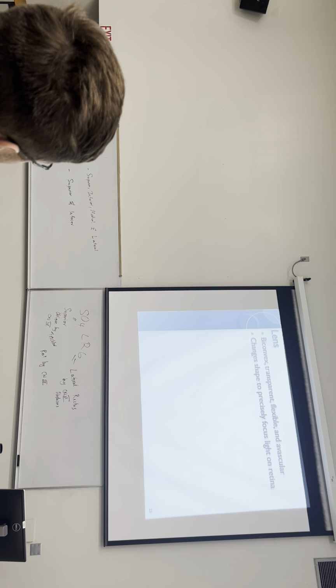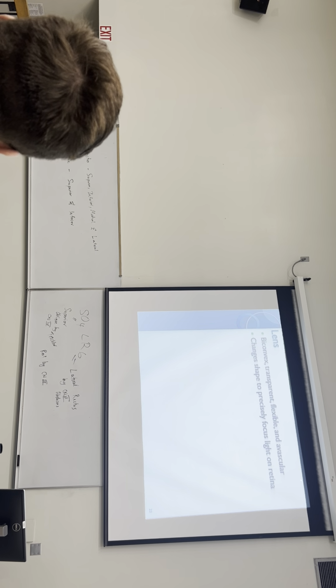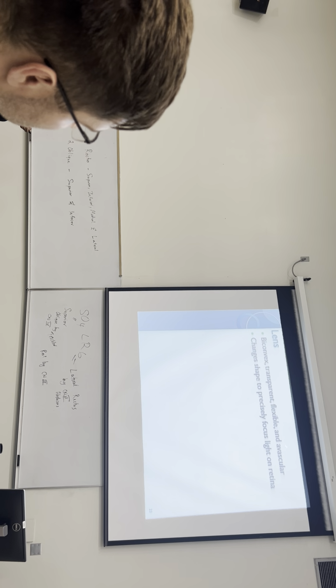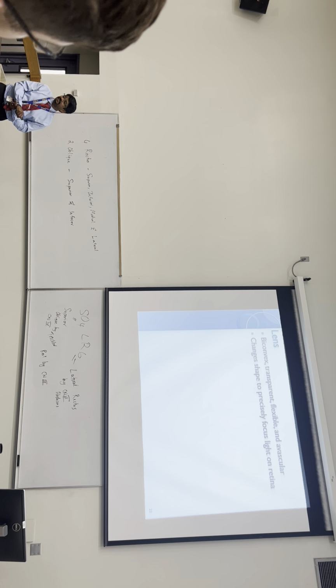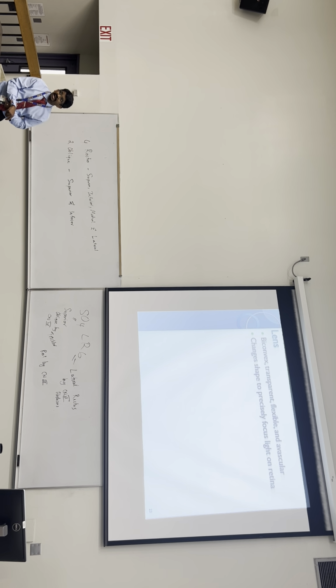Okay? It's transparent, it's flexible, and it's avascular. So it doesn't have its own blood supply. We'll talk about how it receives nourishment. The function is to change shape to help focus the image on the retina.